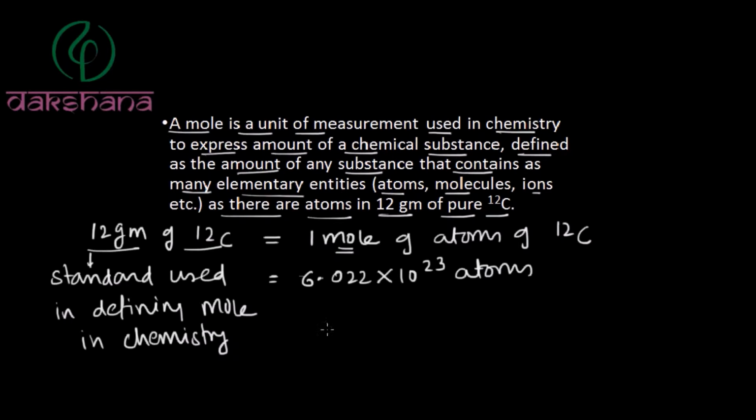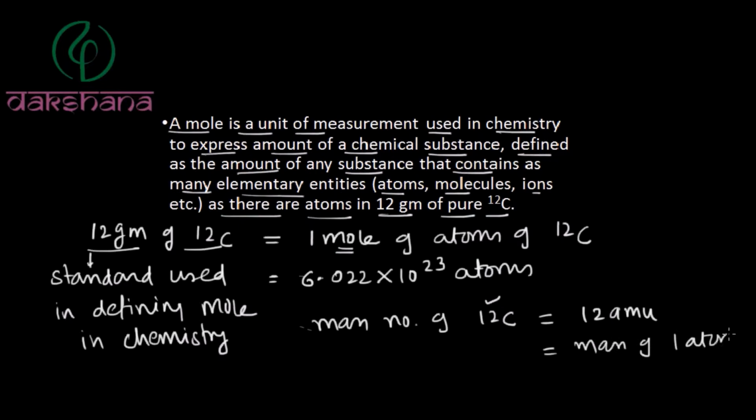So now tell me, what is the mass number of carbon C12? The mass number of carbon C12 is 12 AMU. That's why I have written it as carbon C12 and not carbon C14. So this is also equal to the mass of one atom of carbon C12.